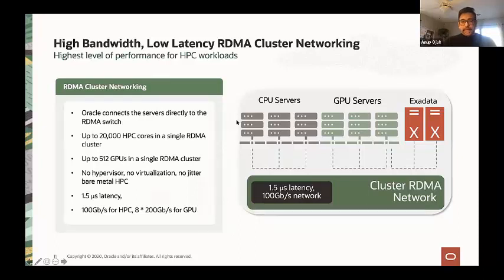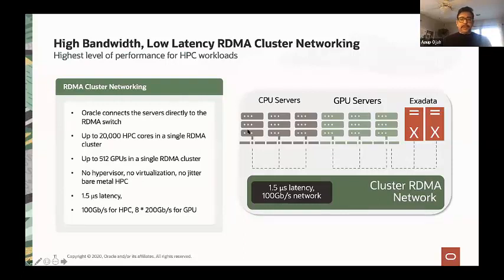In this diagram, you can see CPU, GPU, and the way we build this infrastructure by special networking called RDMA. We have remote direct memory access, what we call cluster networking. We can do it for both the CPUs and the GPUs.